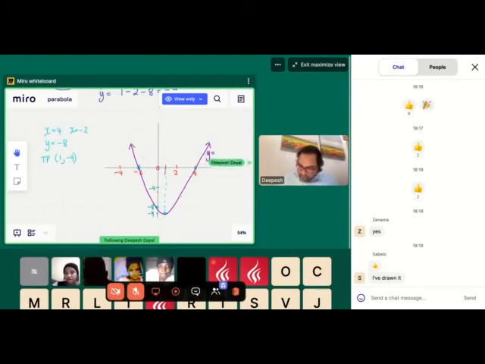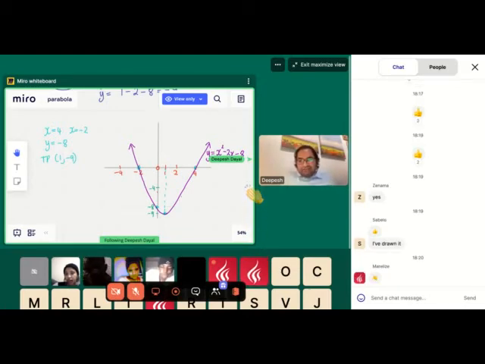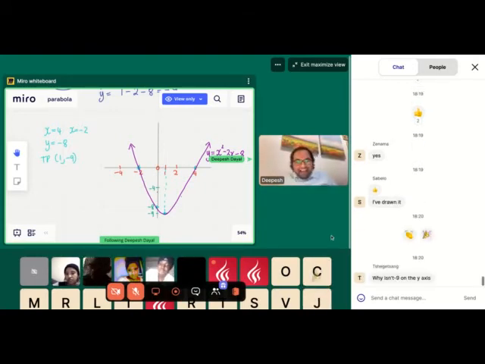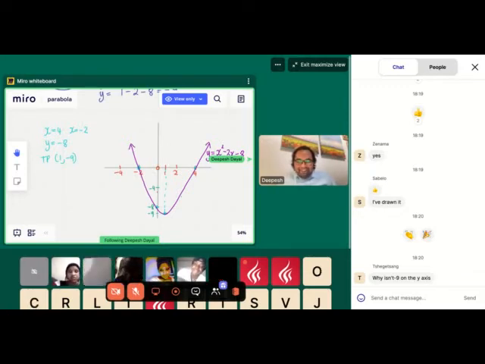Okay, and this is y equals x squared minus 2x minus 8. Yeah. How's your graph looking? For those of you that have drawn it, maybe if you want to just pick them up and wave them about and show me what you have. Is it looking okay? Did you draw it okay?